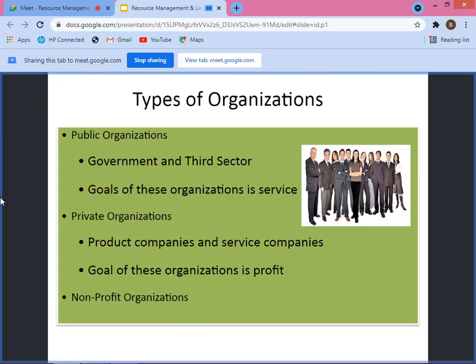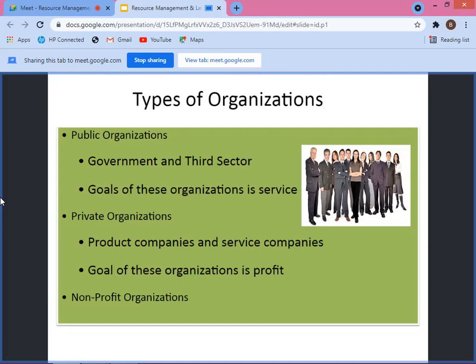Okay, they provide products at the same time they provide services, like telecommunications. They provide products and services, and a bunch of their responsibility is providing services. The goal of this organization is profit.